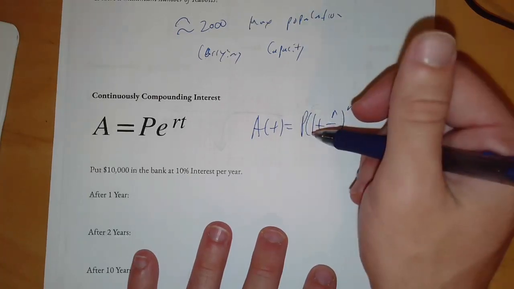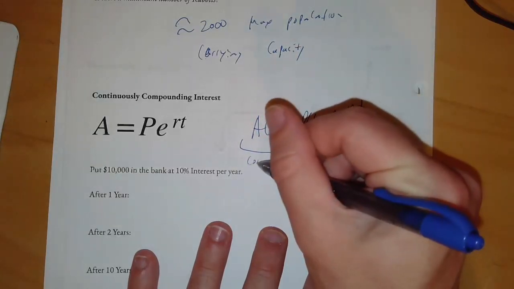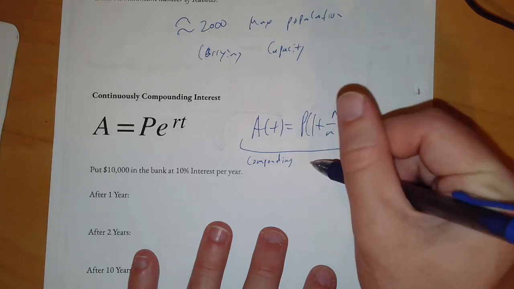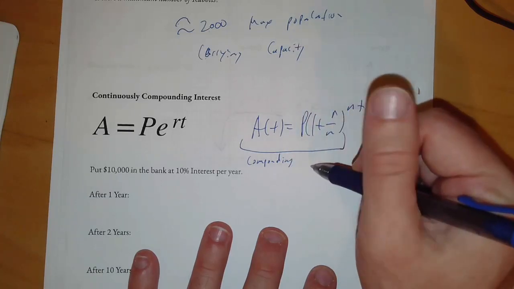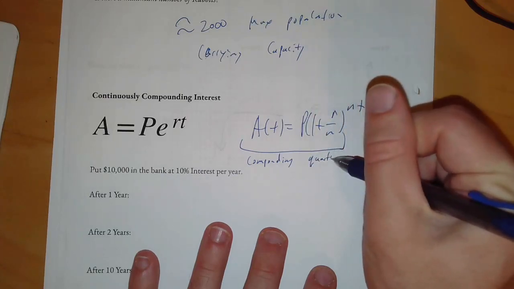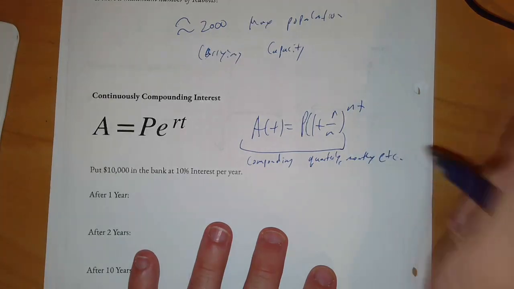And essentially what's going on here is this is compounding quarterly or yearly or daily, etc., right? It's discrete. So we say quarterly, monthly, etc., right?